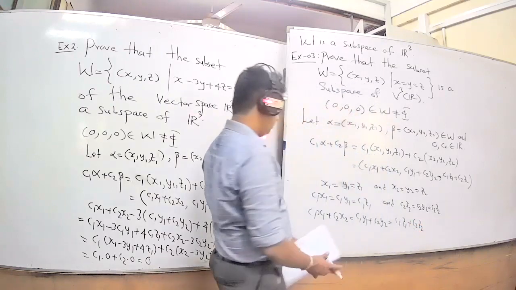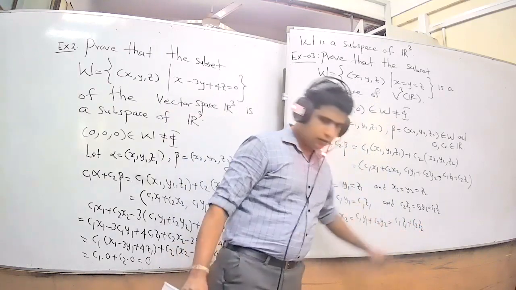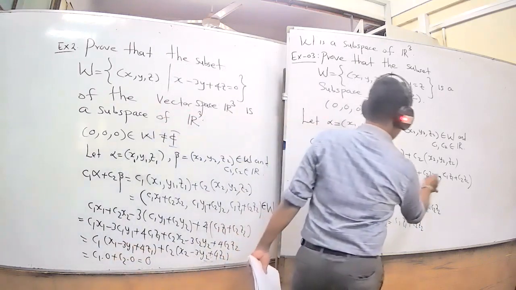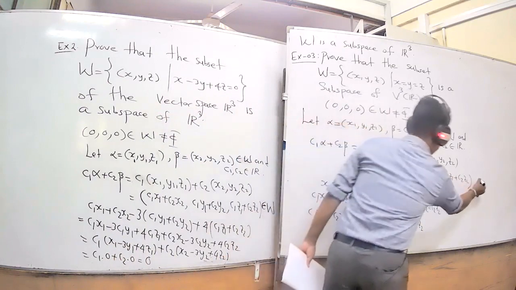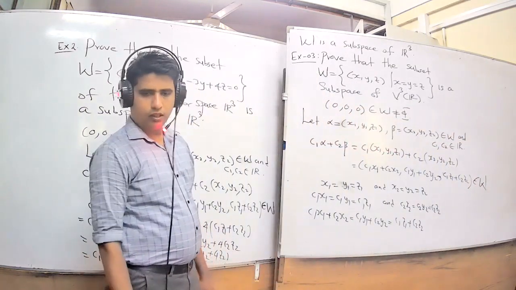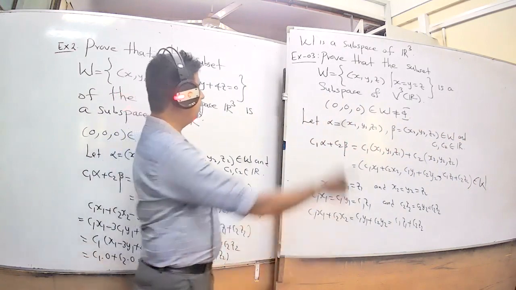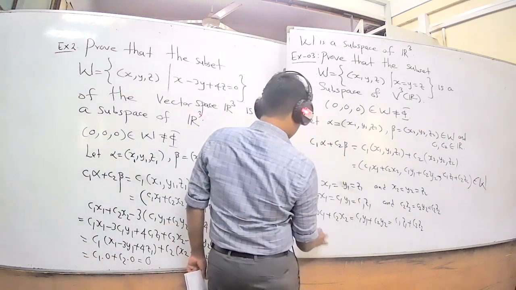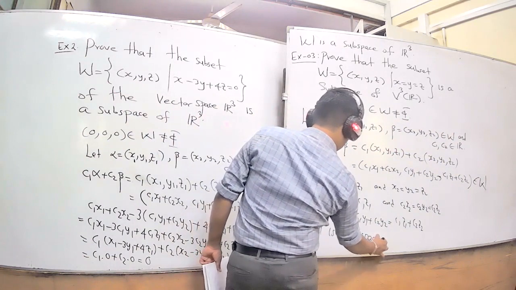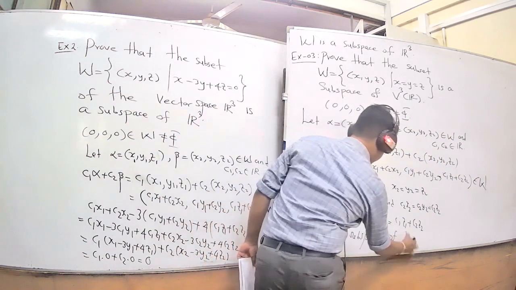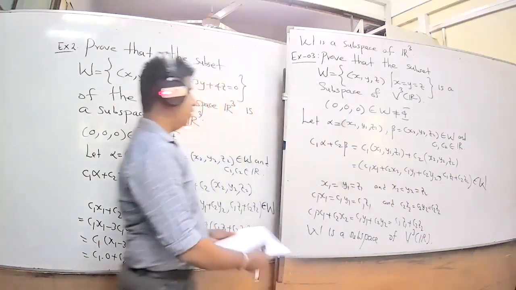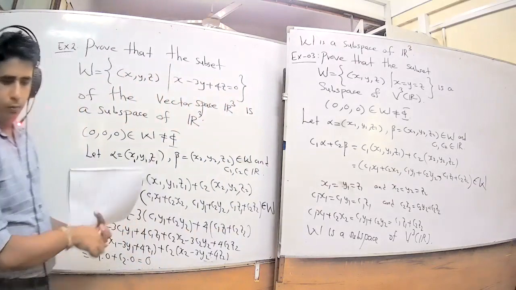Therefore these three elements are equal, so this belongs to W. Therefore, W is a subspace of R cube.